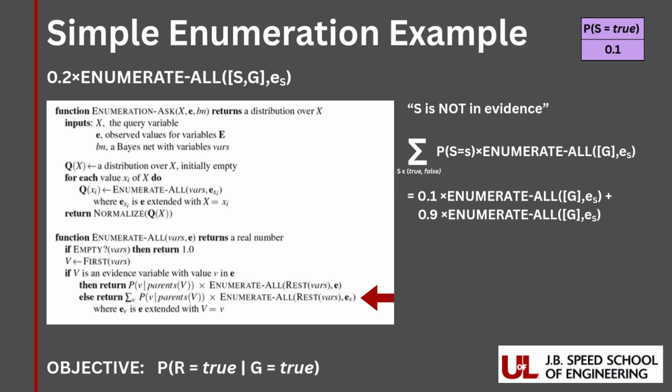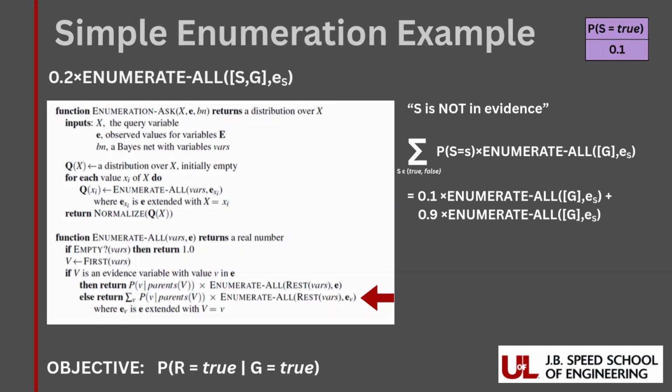So the probability of E given parents of U, so the probability of S given the parents of S. Well, S doesn't have any parents, so it'll just be the probability of S, and then times the enumeration of the rest of the variables, which is just G. So we have the sum of the products of the probability of the sprinklers going off, which is 0.1, times the enumeration of the remaining variables, plus the probability that the sprinklers did not go off, times the enumeration of the remaining variables.